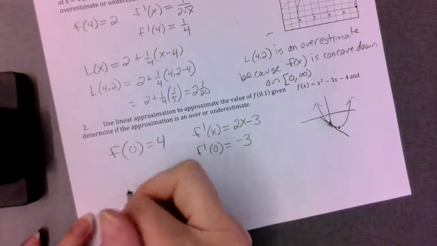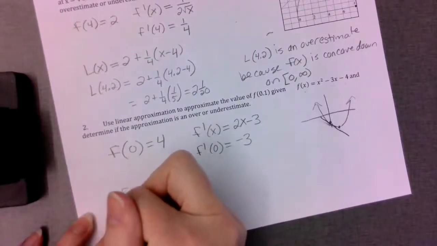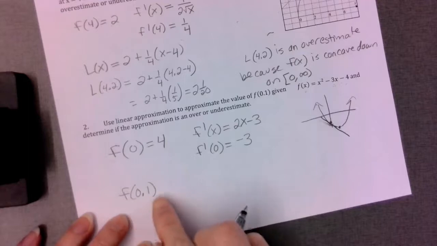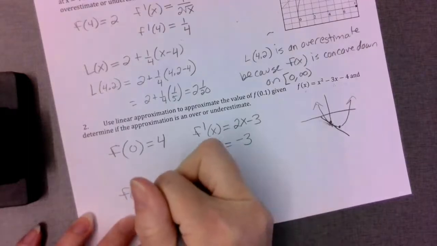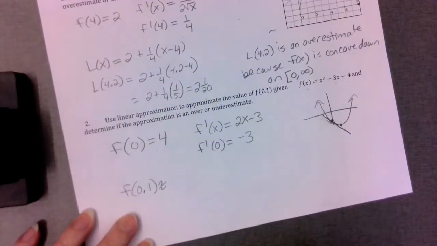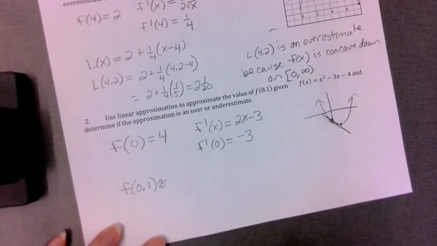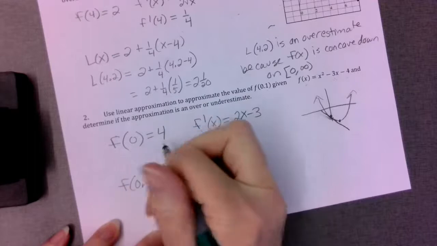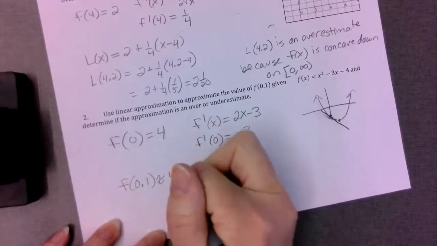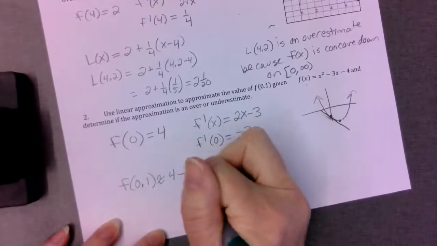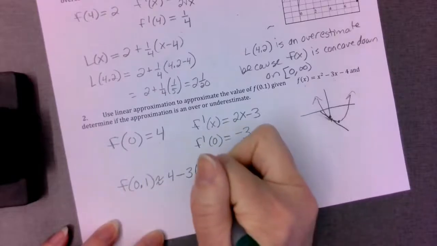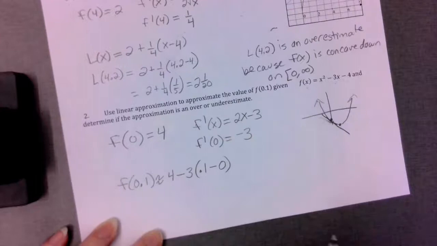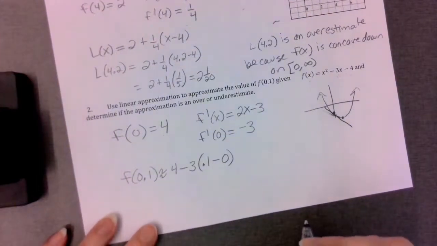To find that approximation, I'm going to say f of 0.1. You can use L of 0.1. But because I'm using f, I'm now going to say this is approximately equal to the y value, which is 4, minus the slope times the x value, which is 0.1, minus the input value, which we chose, which is 0.